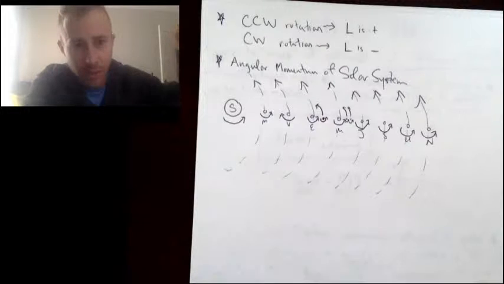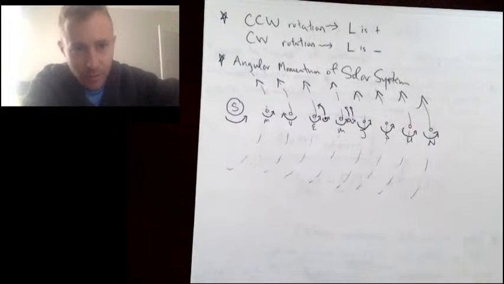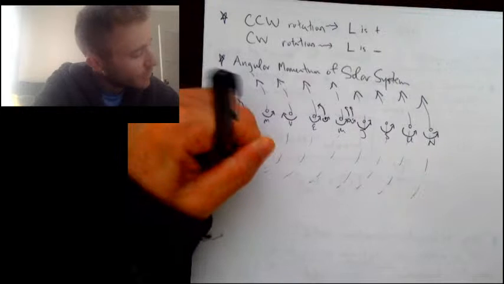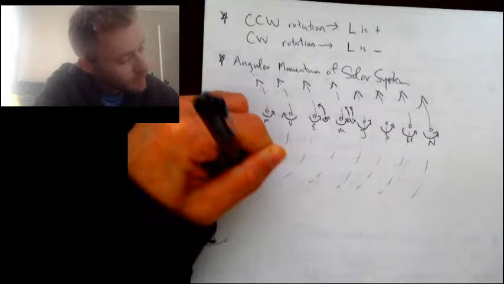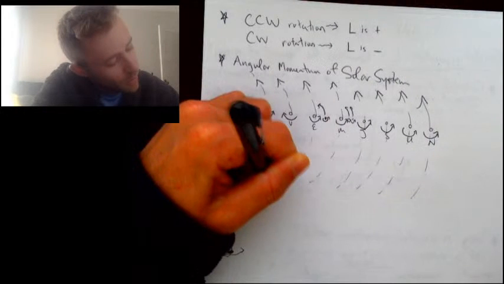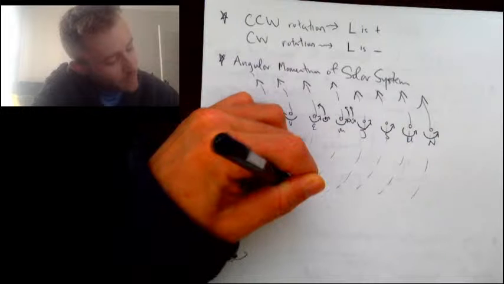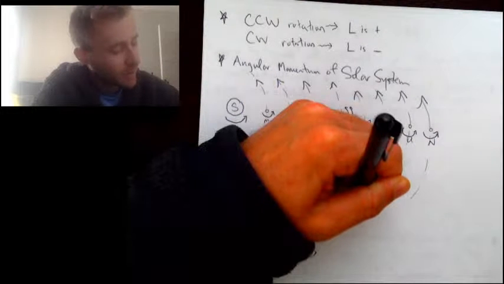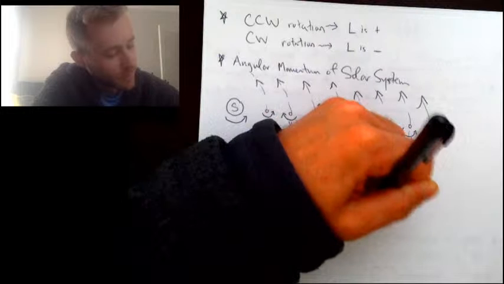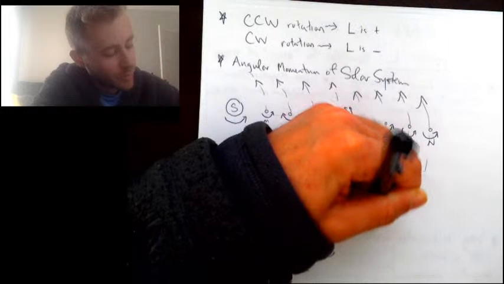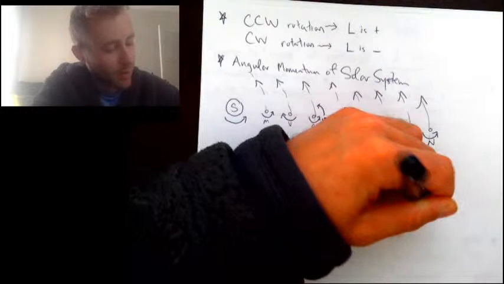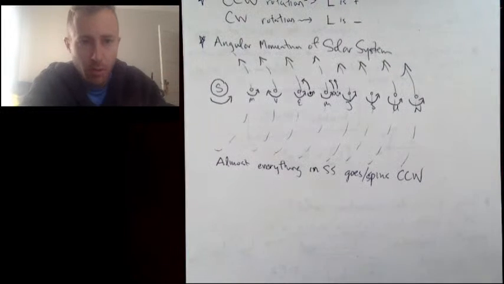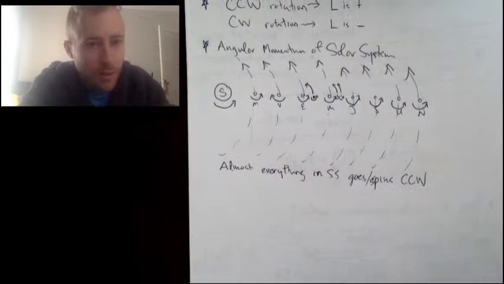Saturn's moons, same thing. Uranus's moons, same thing. Neptune's moons, same thing. So almost everything in the solar system goes and spins counterclockwise. Okay? So why? Why is that?